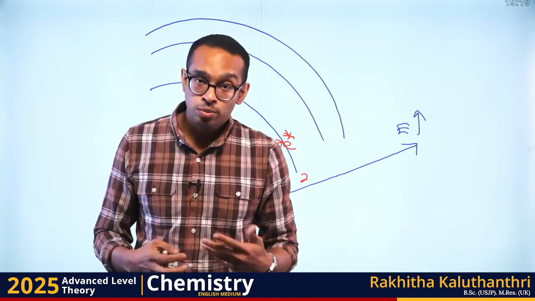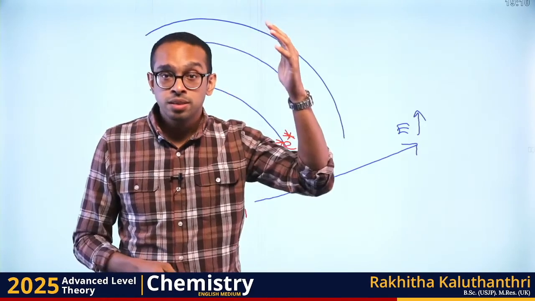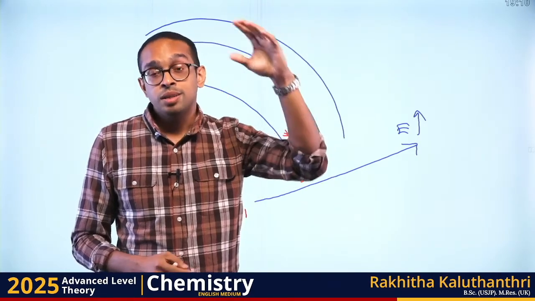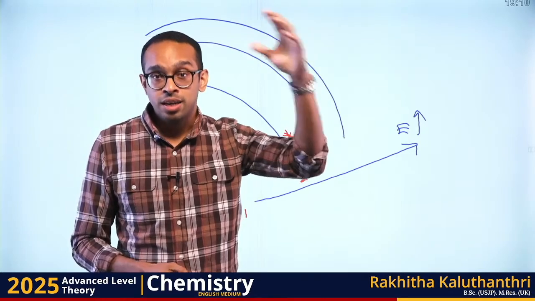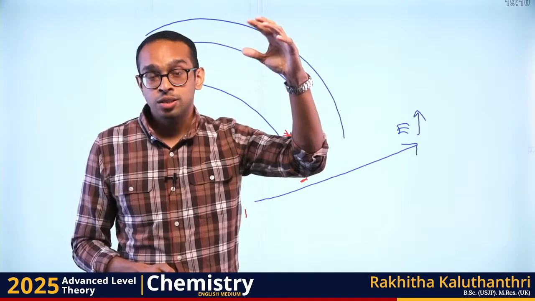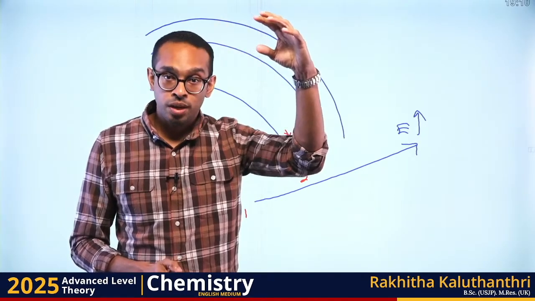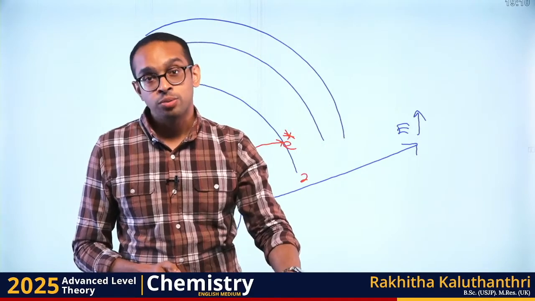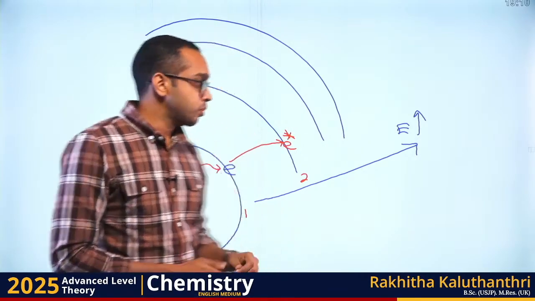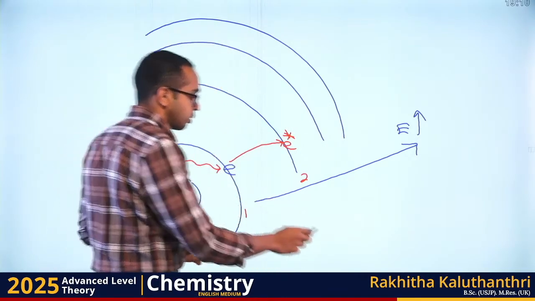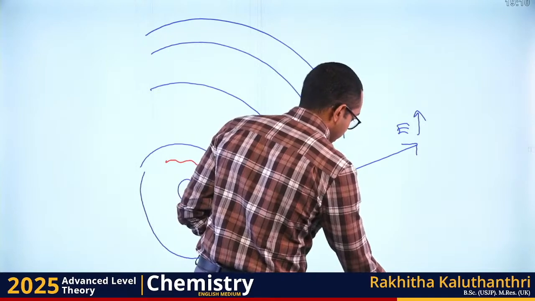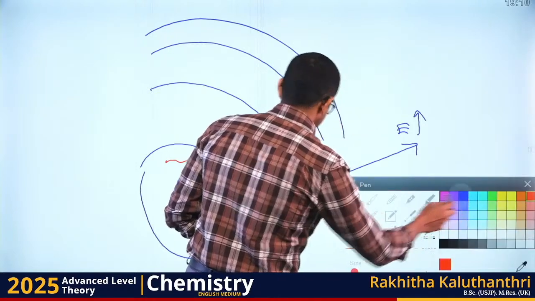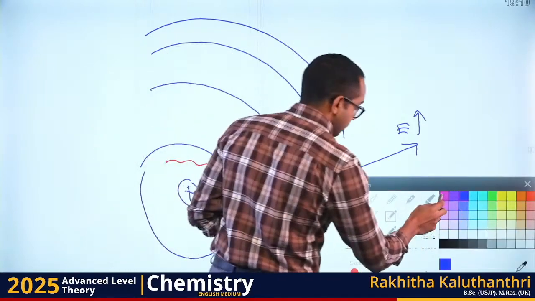So when the electron absorbs energy and moves into a high energy level, it is said to be in an excited state, and the excited state, due to its high energy nature, is unstable. It has to come down to the ground state. So when the electron returns to the ground state, students, we'll draw it in a different color.